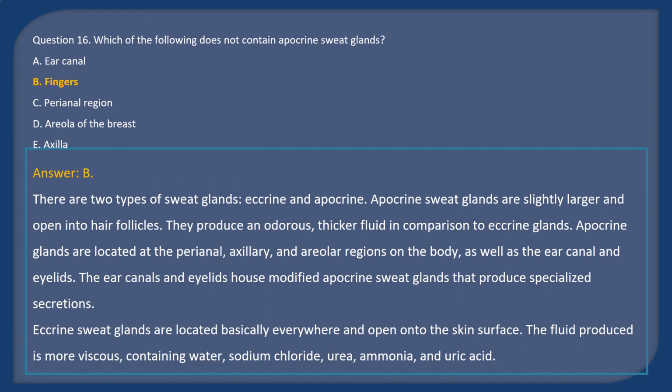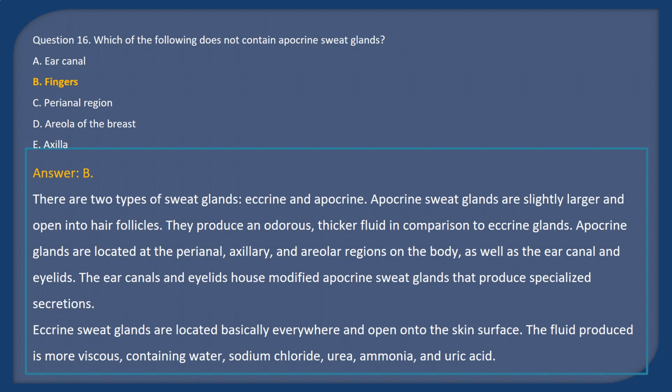Answer B. There are two types of sweat glands, eccrine and apocrine. Apocrine sweat glands are slightly larger and open into hair follicles. They produce an odorous, thicker fluid in comparison to eccrine glands.